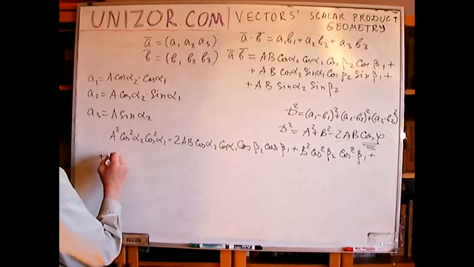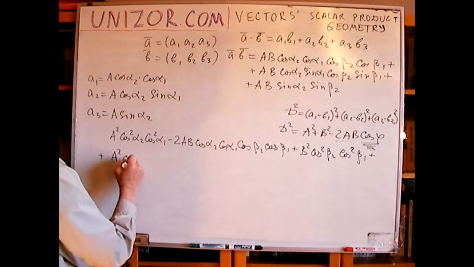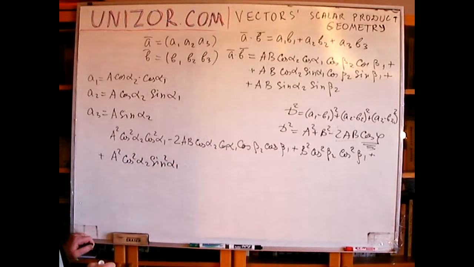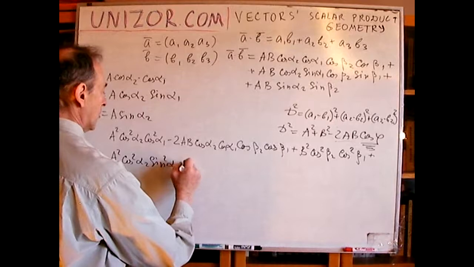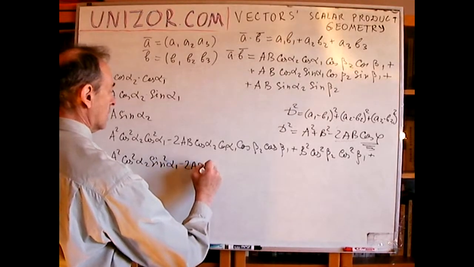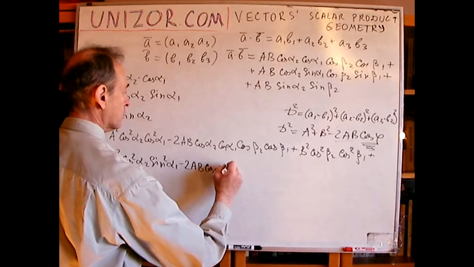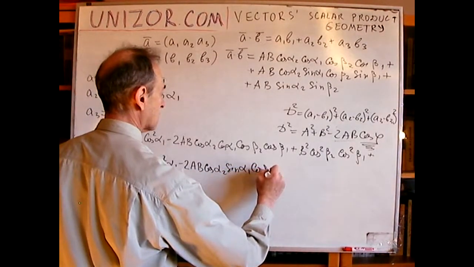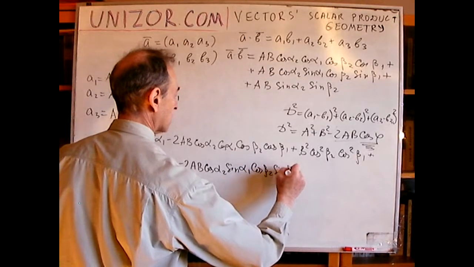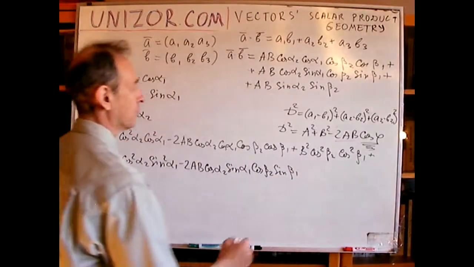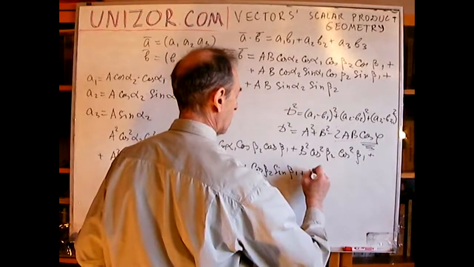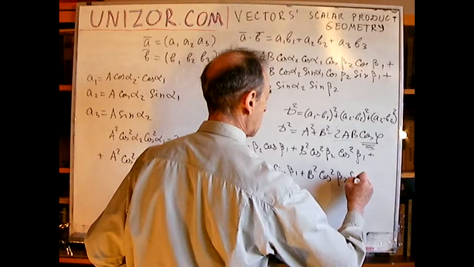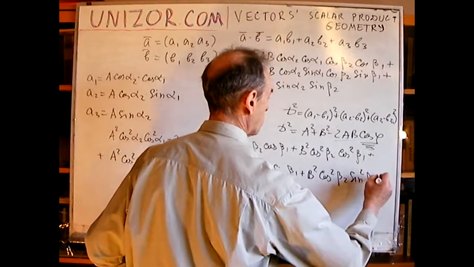So A2 squared is A squared cosine squared alpha 2 sine squared alpha 1, minus 2AB cosine alpha 2 sine alpha 1 cosine beta 2 sine beta 1, and plus B2 squared, B squared cosine squared beta 2 sine squared beta 1.